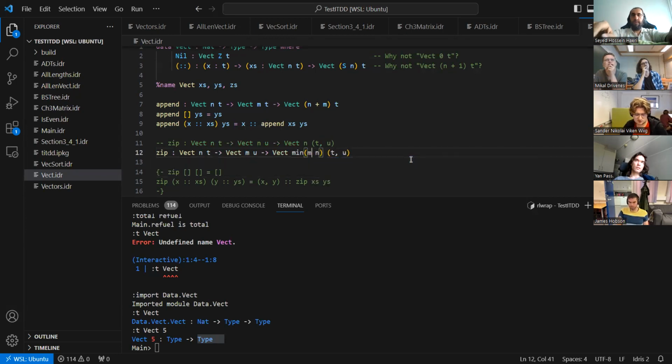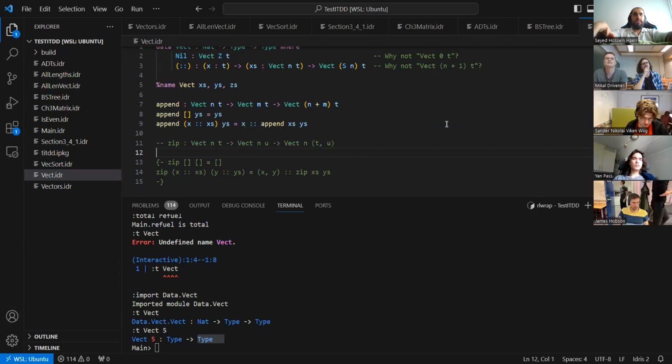Is this the syntax? I'm not sure. This is the syntax. Yes. Okay. Now, anyway, I'll leave that for an exercise.